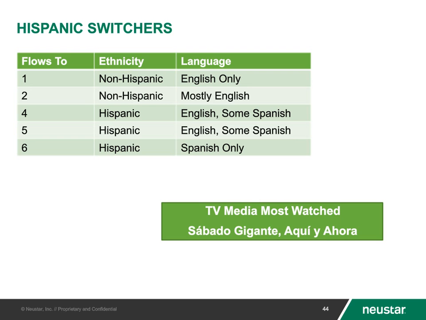And so you can ask, which carrier am I most likely to lose Hispanics to? In this case, Carrier 3 is more likely to lose their Hispanic customer base to Carriers 4, 5, and 6. The flows into Carriers 1 and 2 tend to be non-Hispanic. And so, again, it's just being able to position yourself to be successful in the marketplace.